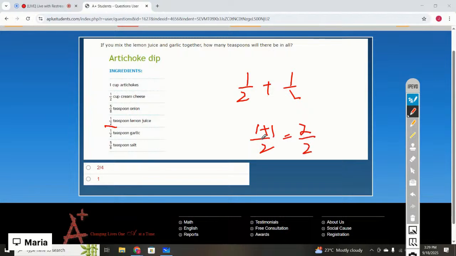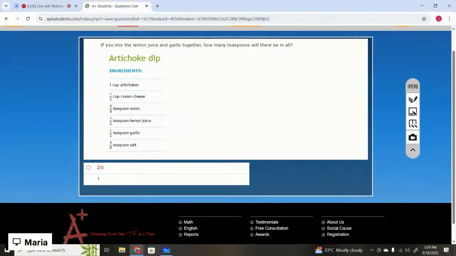That is 2 by 2 equals 1. Option number 2 is the correct option.